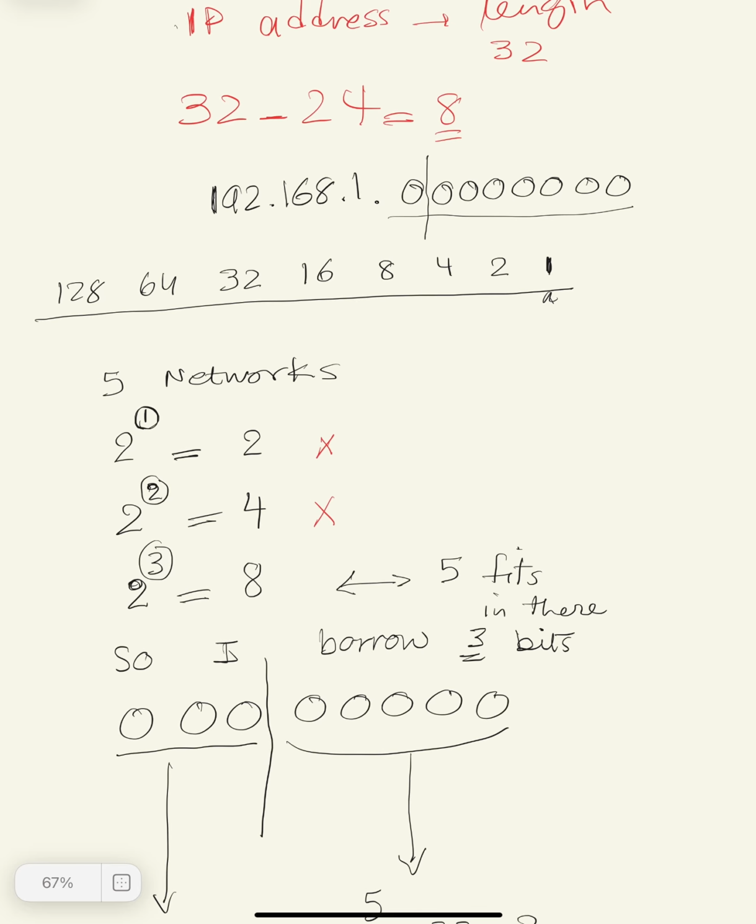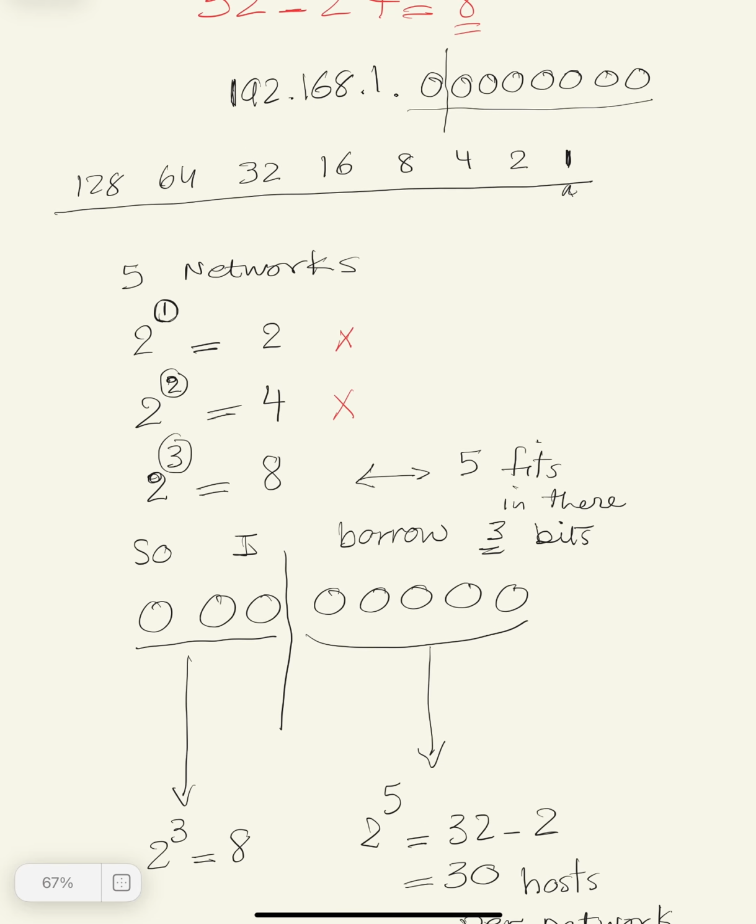So now let's make a decision of how many bits we are going to borrow. In 192.168.1, all the zeros in binary are the field where I have to decide how many bits I'm going to borrow. I'm going to remind you of the bit values starting from 1, which is 2 to the power of 0, 2 is 2 to the power of 1, 4 is 2 to the power of 2, 8 is 2 to the power of 3.